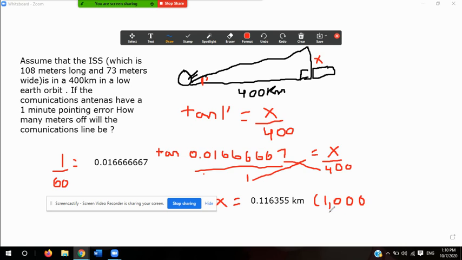So we're going to multiply this number, 0.116355, by 1,000 so we can have our answer in meters.